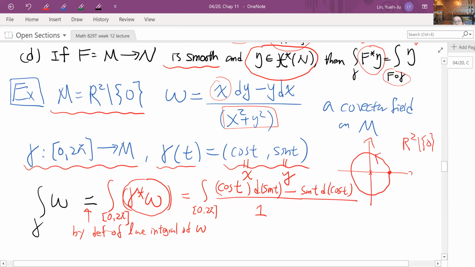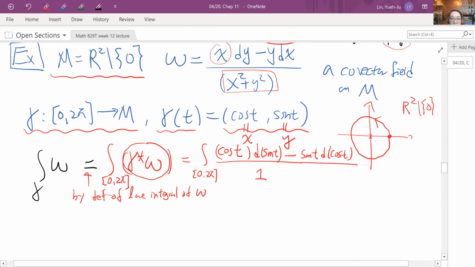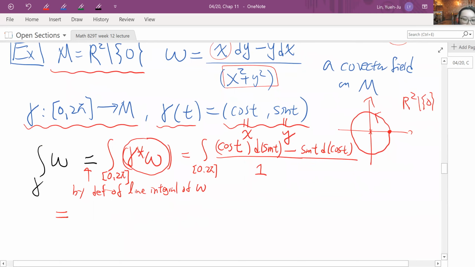So this would be a covector field over R, right? But now before I can compute the usual integral in R, I need to really expand to see what d sine t looks like, right? So I need to do a little bit of expansion, for d sine t and d cosine t.